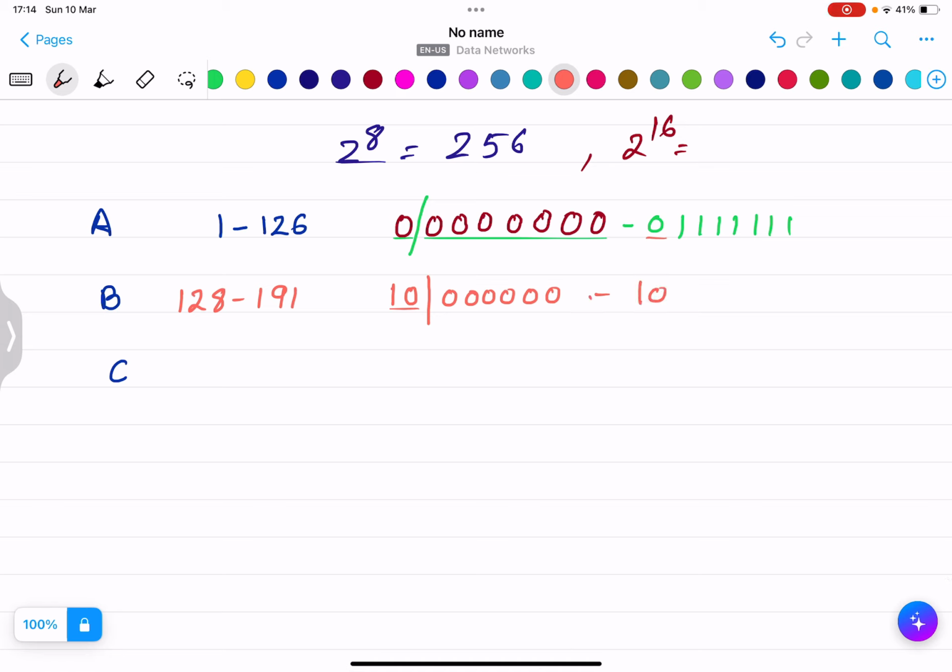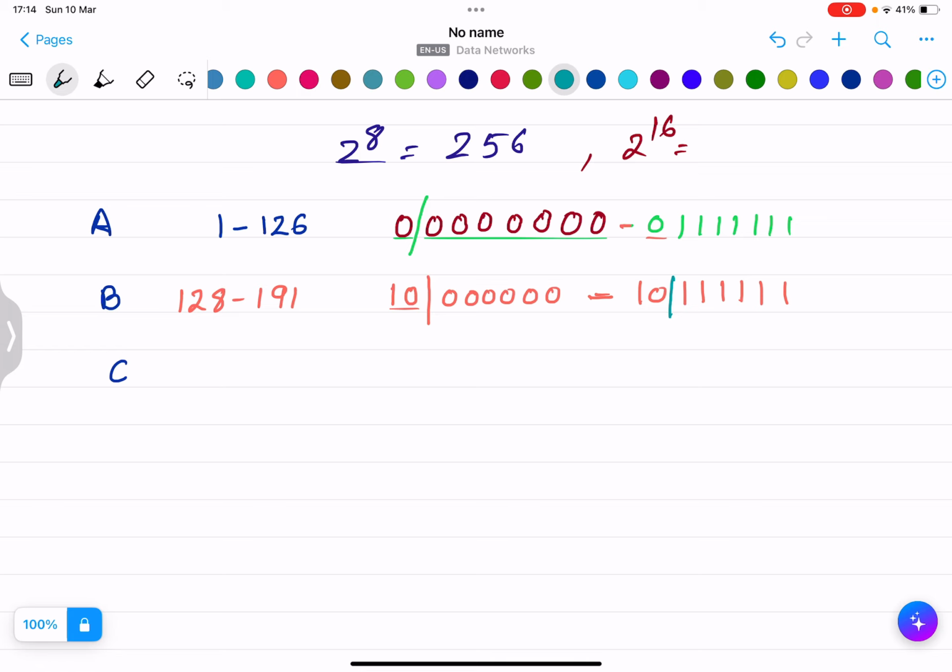So that's why this hyphen indicates that this is the range. In this way we have the power to change the numbers starting from the third bit.